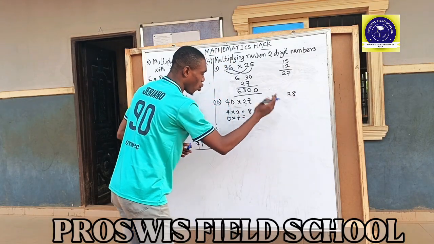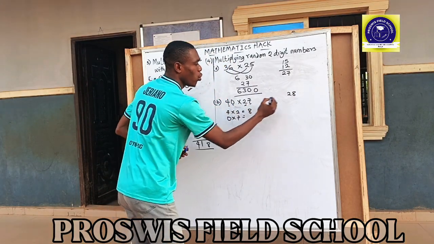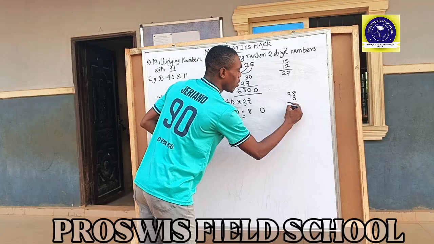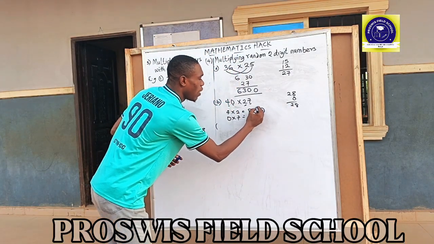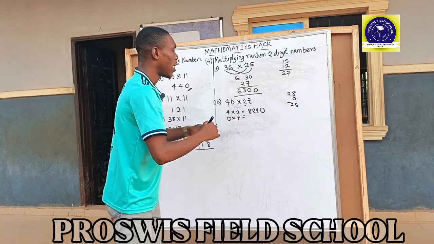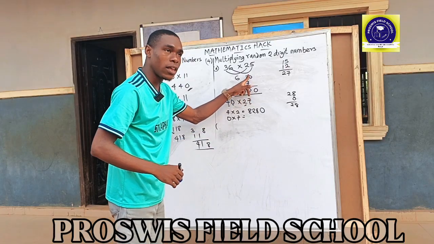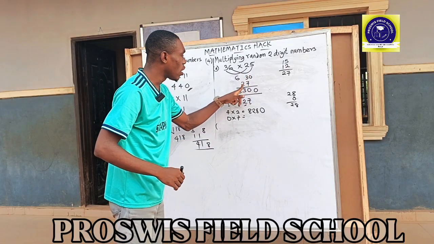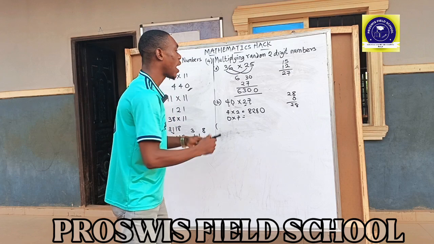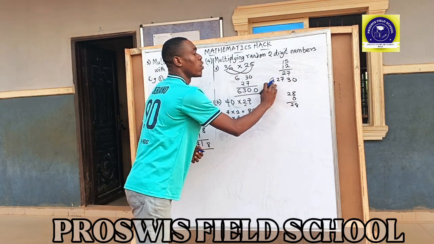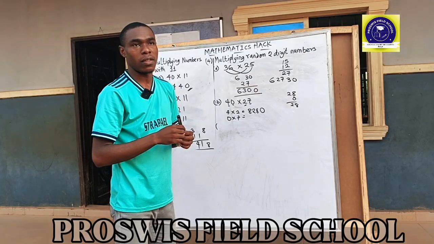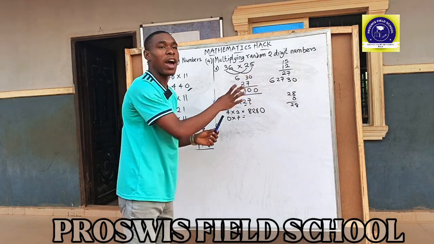Write it by the side because you're adding up. Then these two, when you do that, you have what? 0, and then this is what? 28. Then you drop the 28. Now the first one, I kept the 7 under this, and I kept this in the open space because I cannot place my 27 here, and we have what? 5-digit numbers, and they cannot give me what? 5-digit numbers.